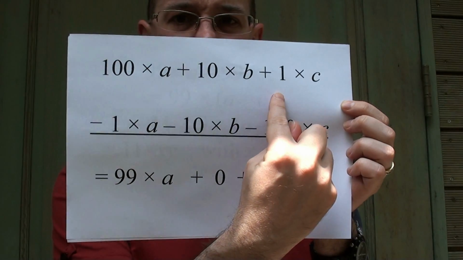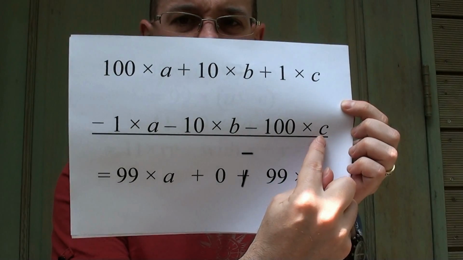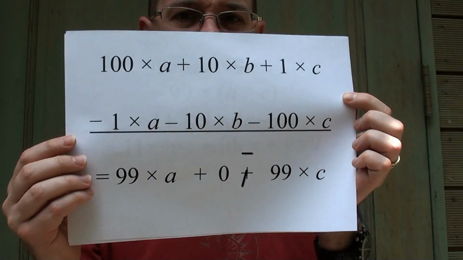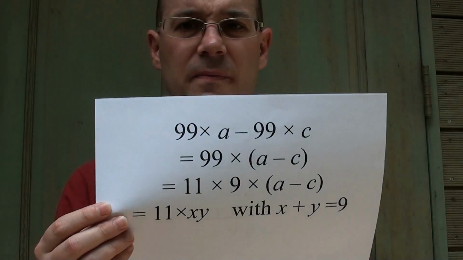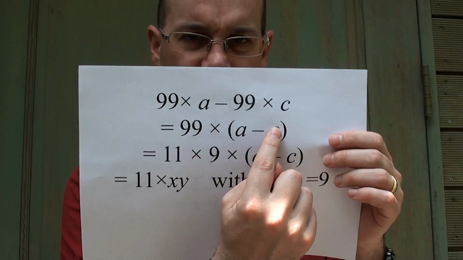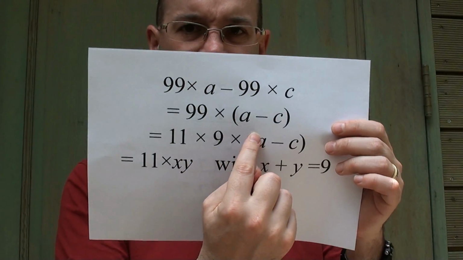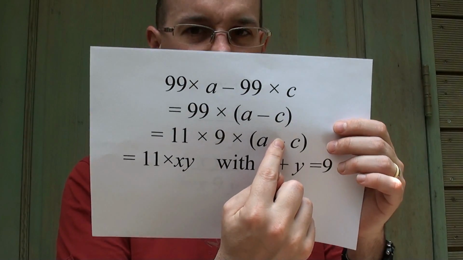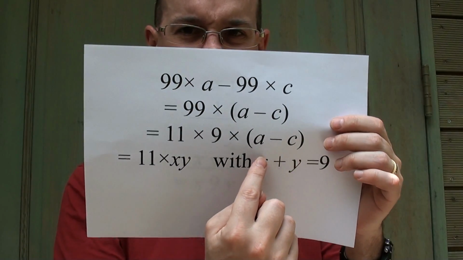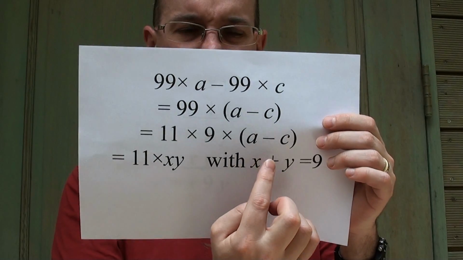And finally, 1 times C minus 100 times C makes minus 99 times C. And we finally get 99 times A minus 99 times C. In other words, 99 times (A minus C). In other words, 99 being 11 times 9, that's what it makes. So, let's work on this: 9 times (A minus C).